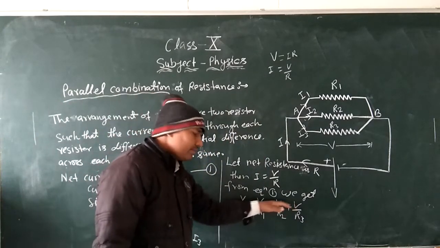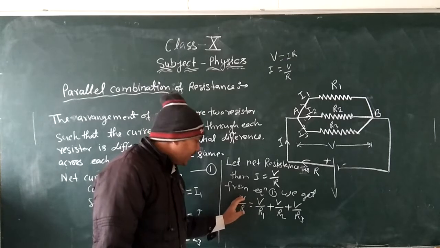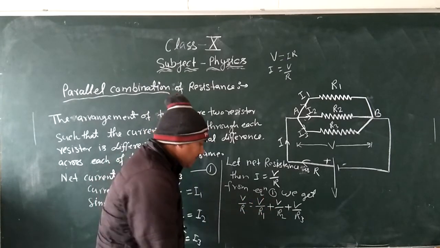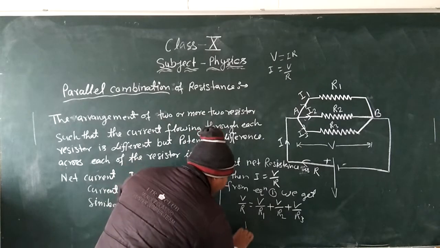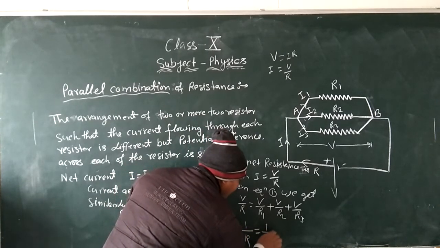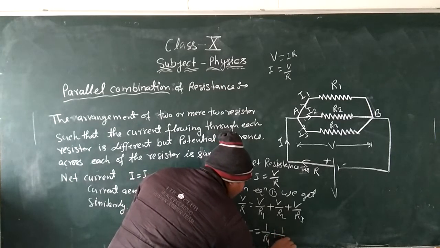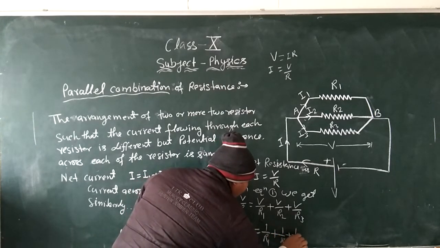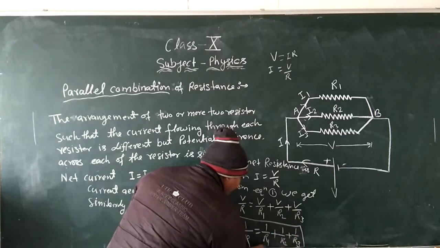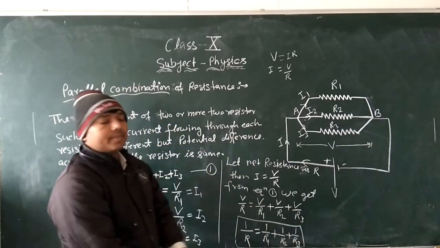If we take V common, we can cancel it. Therefore, we can write 1 upon R is equal to 1 upon R1 plus 1 upon R2 plus 1 upon R3.